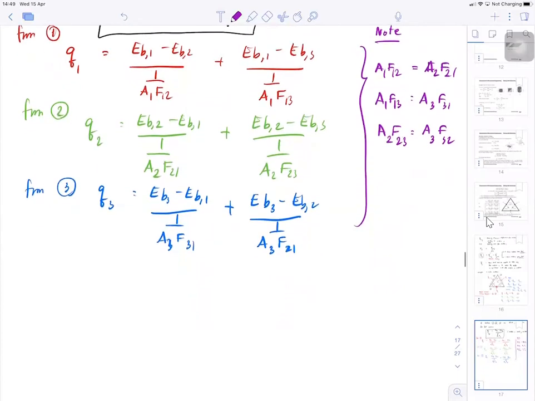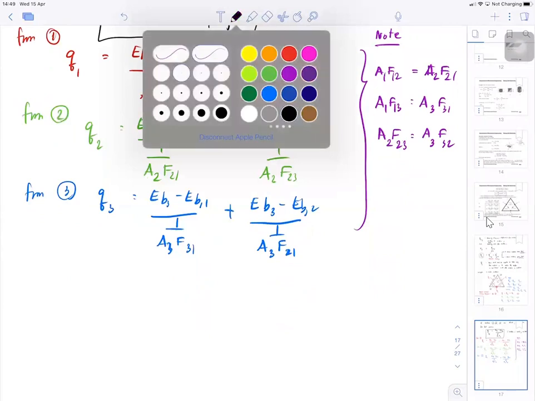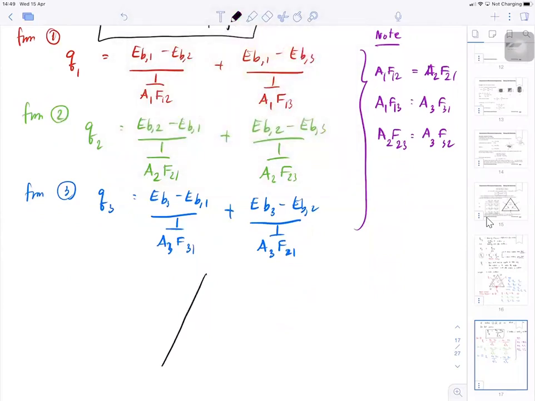By having three equations like this, it seems that we can represent the surface with circuit analogy. Surface 2, surface 3, and surface 1.